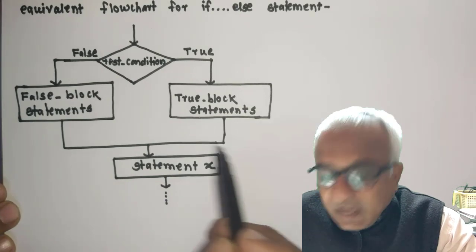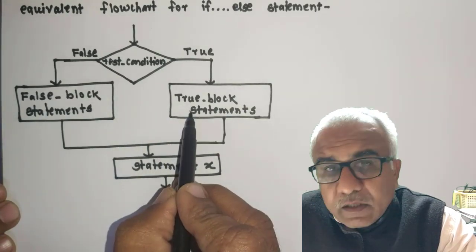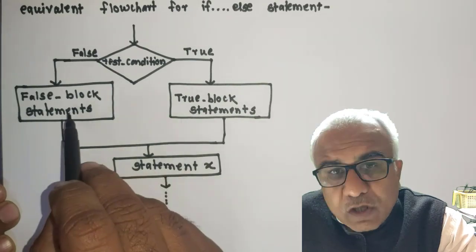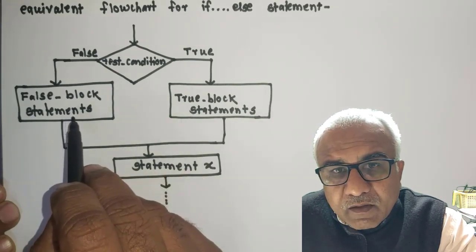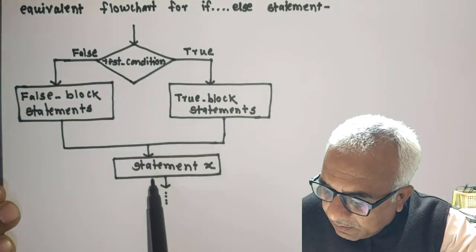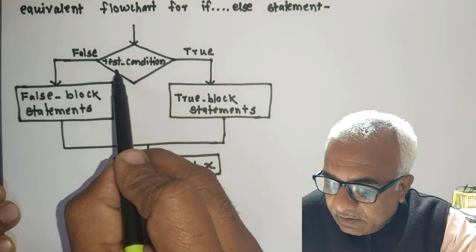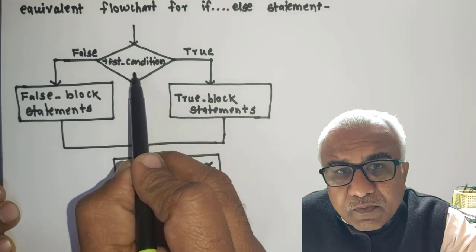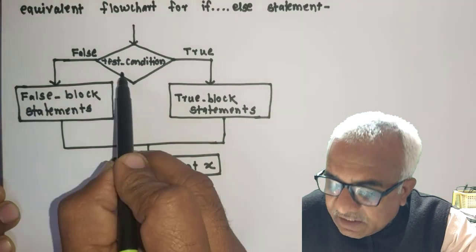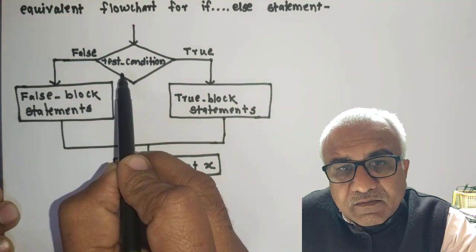So in this way, either of these two blocks, true block or false block, is executed. Control is transferred either this way if this test condition is true, or this way if this test condition is false.